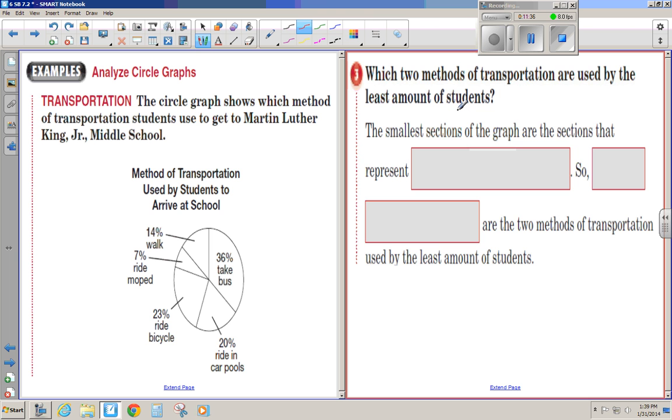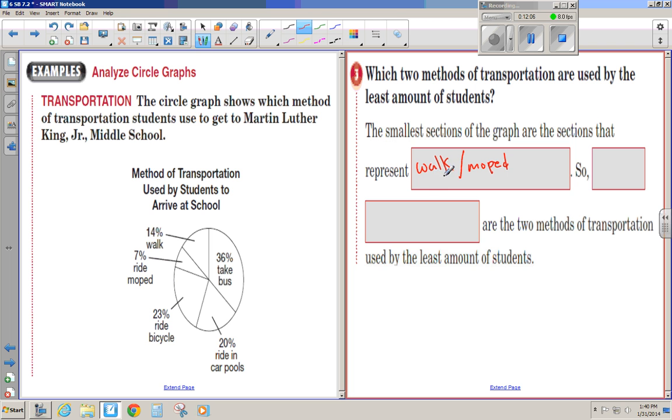Which two methods of transportation are used by the least amount of students? So the smallest sections of the graph represent, let's see, which two methods of transportation? They represent walking and moped.